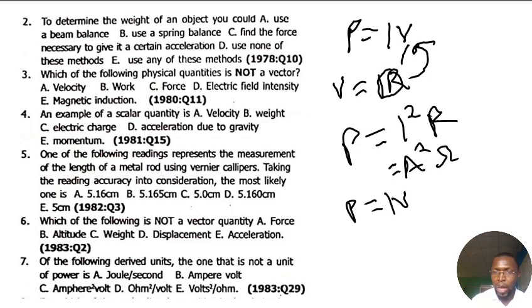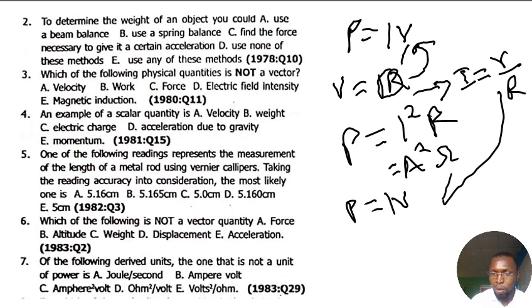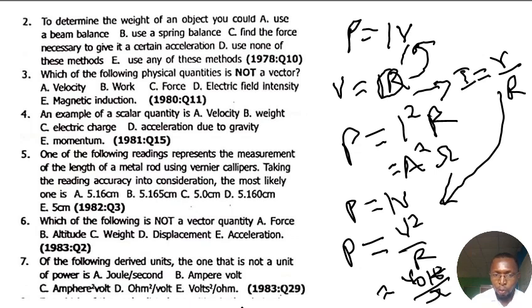Now if we make I the subject of the formula, I will be equal to V over R. Now bringing the value of I back, you'll have P equal to V squared over R. So here we can also say it is volt squared over ohms. So that means option E is correct. Option B is correct. Option A, we have verified that is correct as well.